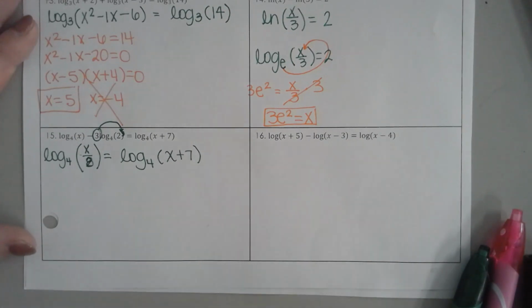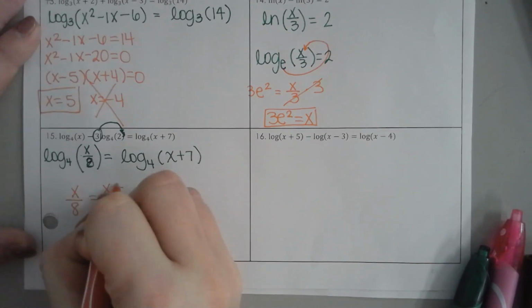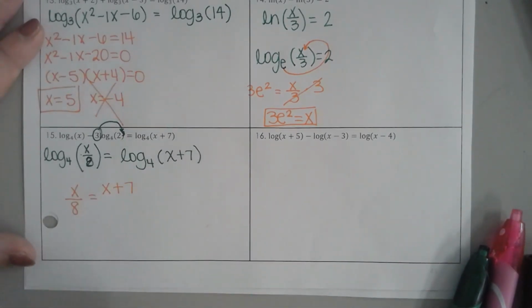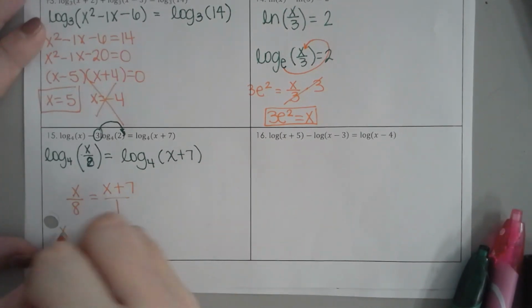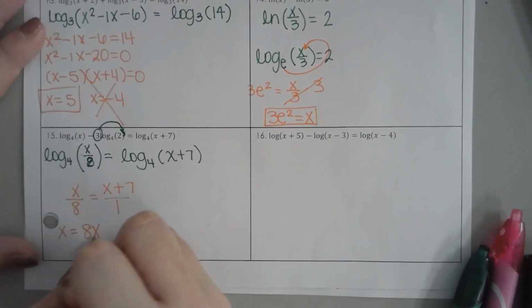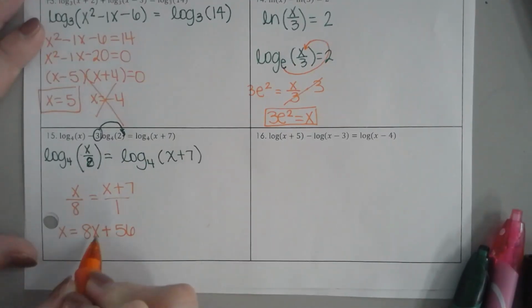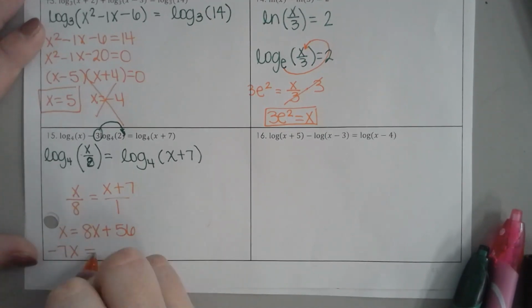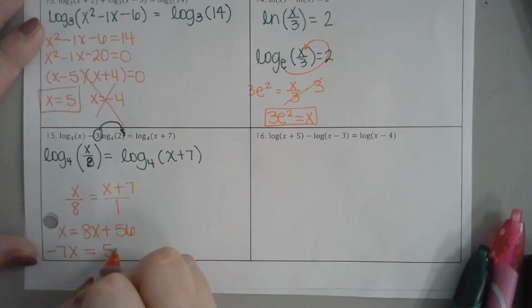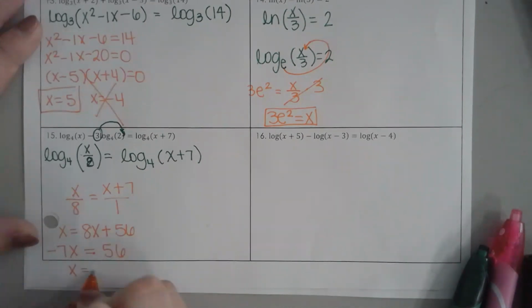This one, we have x over 8 equals x plus 7. Make that a 1. So x equals 8x plus 56. It's still going to be negative 7x, negative 8.